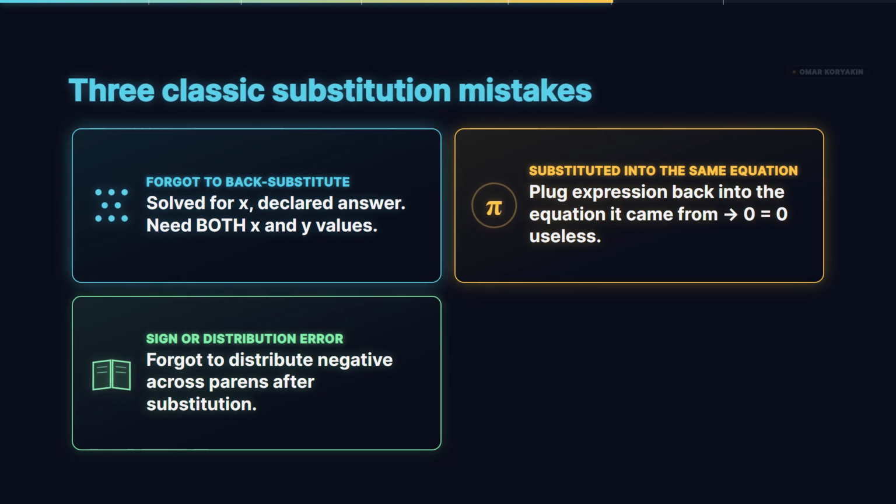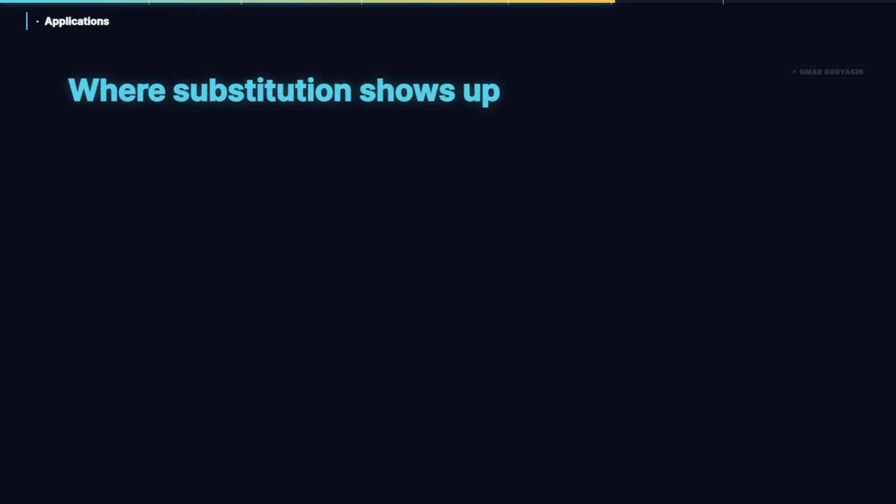Substitution is the workhorse algebraic technique for solving systems across science, engineering, and applied math. Anywhere a multivariable system needs an exact solution, substitution provides one of the 2 reliable algebraic methods. 4 broad sectors below.